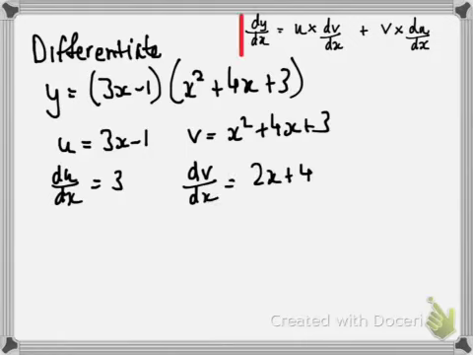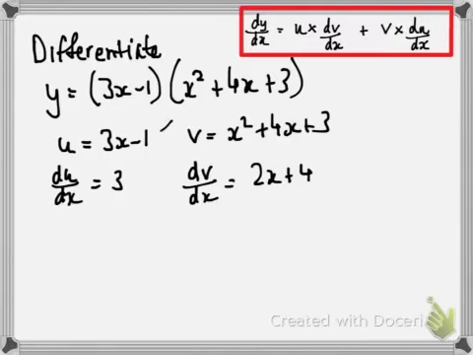Now it's time to use our rule. dy dx equals u times dv dx plus v times du dx. Now we've got our four components here: 1, 2, 3, 4. That shouldn't be too hard to get. So let's start the rule.